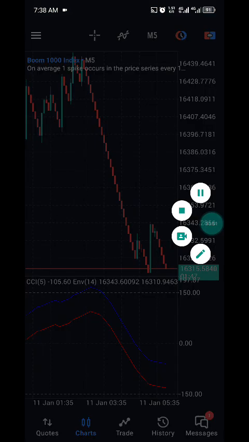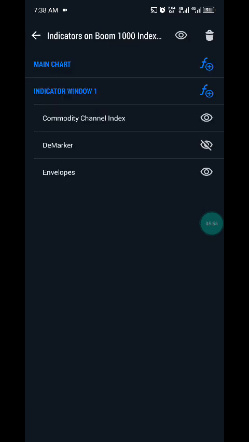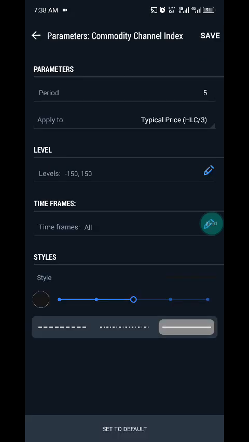So let me show you guys the setup of this strategy. In the setup, we have our Commodity Channel Index with the period of 5, and we apply to typical price. Just make sure you screenshot this particular place.